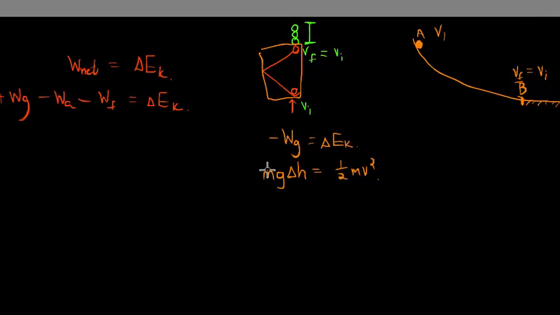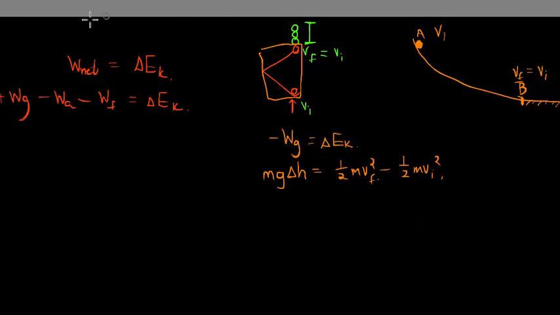Now I see both sides of this have a mass, so I can cancel out the mass. Sorry, this is not velocity squared. This is final velocity squared minus initial velocity squared. Sorry, that's the change in kinetic energy. Let me write it like this. It's probably easier for you to understand it like this. Change in kinetic energy is future kinetic energy minus initial kinetic energy. Make sense?